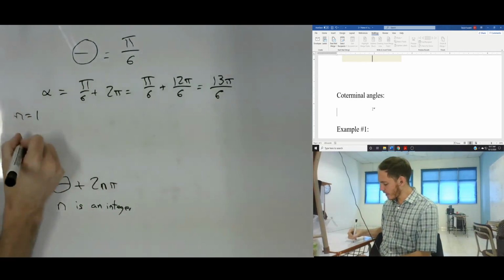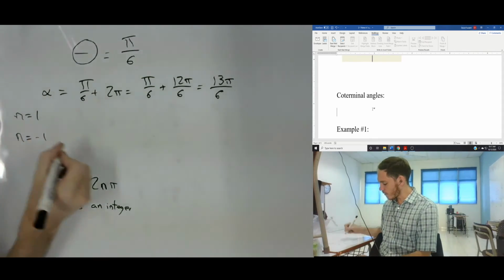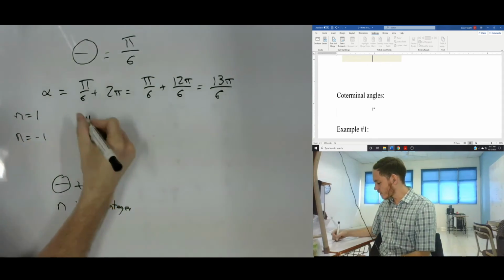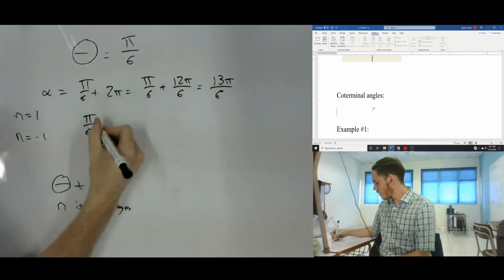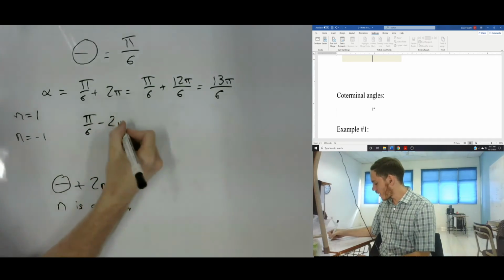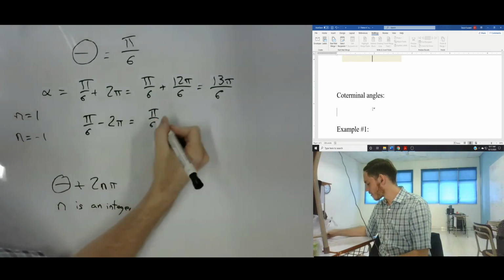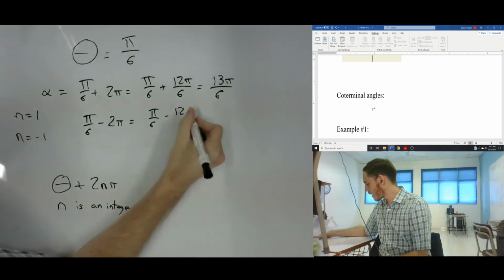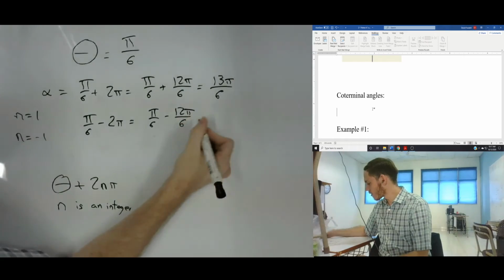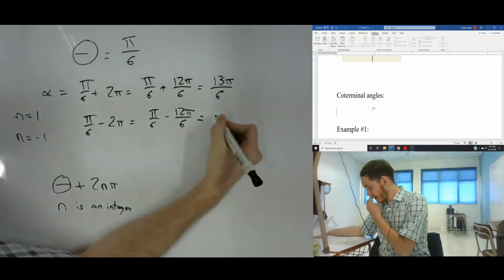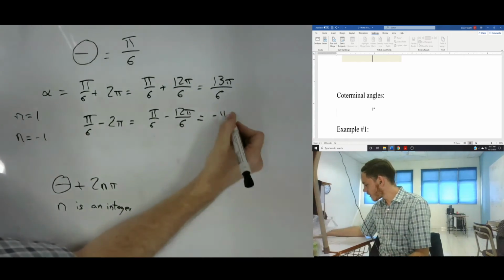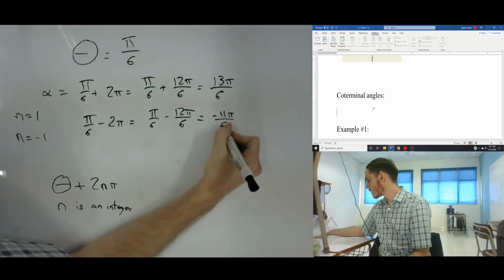Okay, well, what if n was equal to negative 1? So we get pi over 6 minus 2 pi. And we get pi over 6 minus 12 pi over 6 equals negative 11 pi over 6.